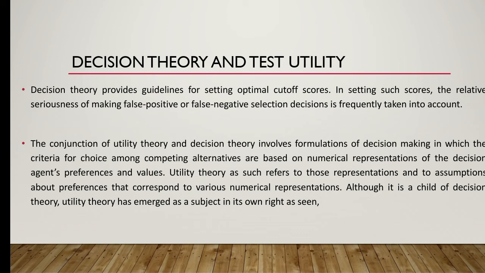The idea of applying statistical decision theory to questions of test utility was conceptually appealing and promising, and an authoritative textbook of the day reflects the great enthusiasm with which this marriage of enterprises was greeted. The conjunction of utility theory and decision theory involves formulation of decision making in which the criteria for choice among competing alternatives are based on numerical representation of the decision on the basis of preference and values.